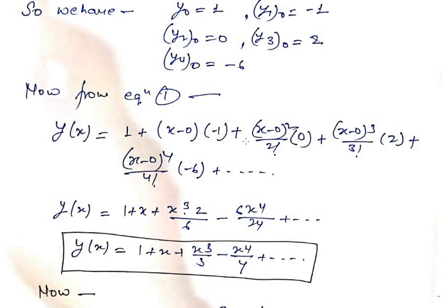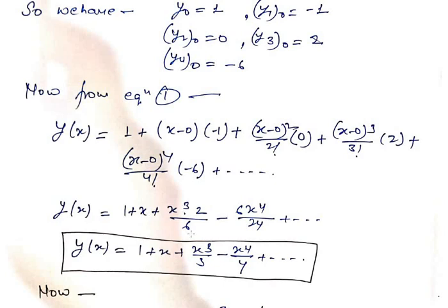Now putting all these values in Taylor series method, equation 1. So y0 plus x minus x0, y1 at 0 plus x minus x0 whole square upon factorial 2, y2 at 0 plus x minus x0 whole cube upon factorial 3, y3 at 0 plus x minus x0 whole to the power 4 upon factorial 4, y4 at 0.